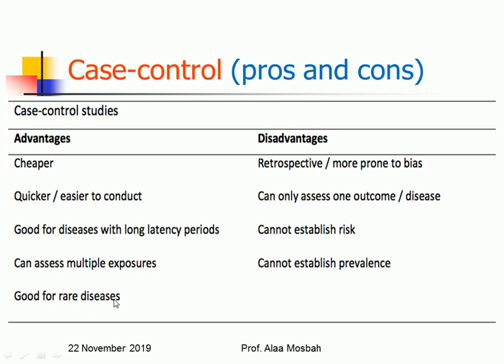Good for rare disease. But the disadvantage, being retrospective, is a disadvantage. More prone to bias. Second, can only assess one outcome or disease. Cannot establish risk, cannot establish prevalence.